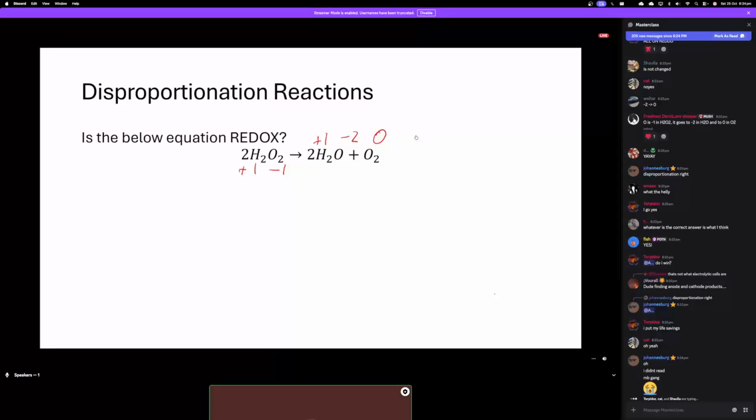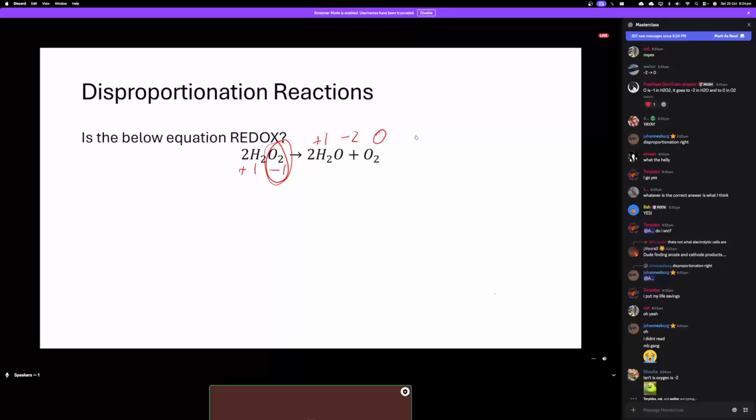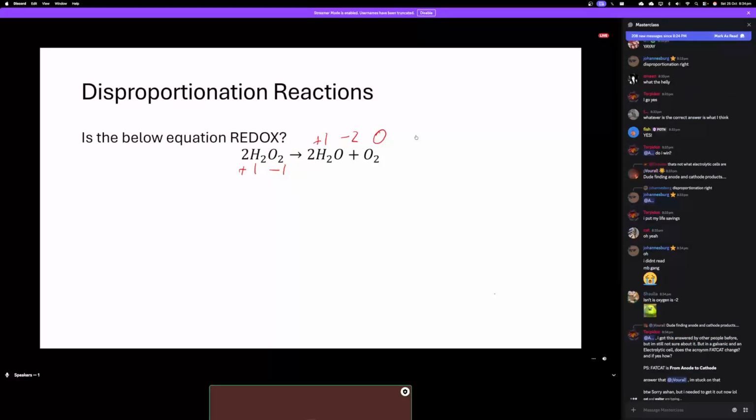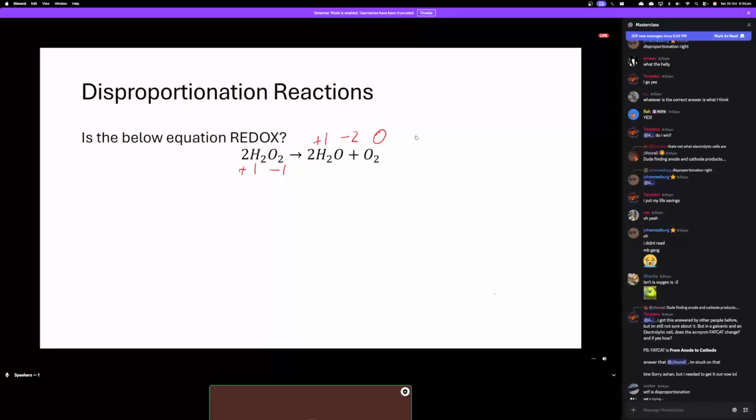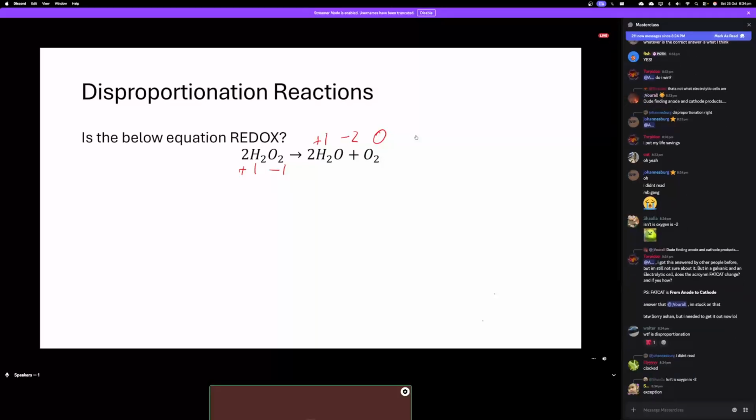So here we have oxygen. Oxygen is a special case. This is H2O2, hydrogen peroxide. In hydrogen peroxide, it's an exception to the rule: oxygen takes an oxidation number of -1.